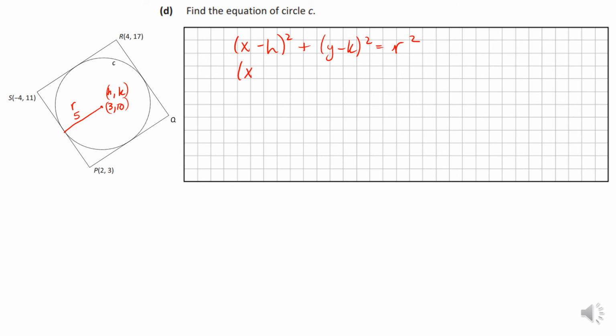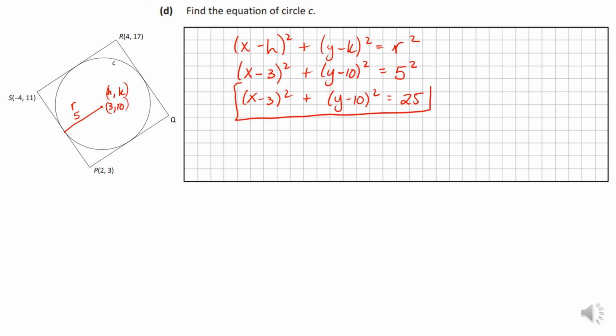So we'll have (x − 3)² + (y − 10)² = 5² for the radius. If you want, you can add another line and square out the 5, but it's probably not necessary. And this is what I'm giving as my answer, the equation of the circle.